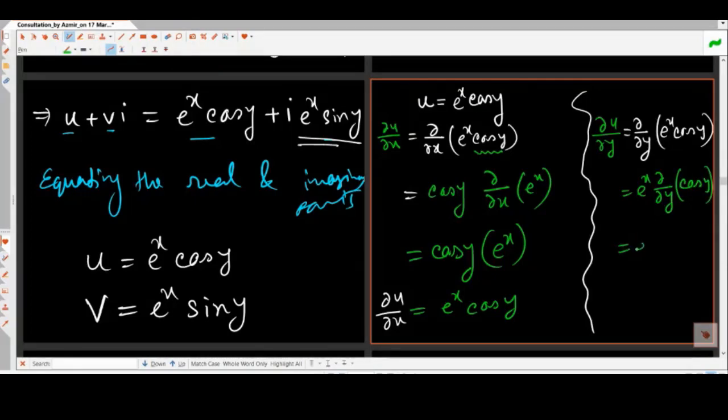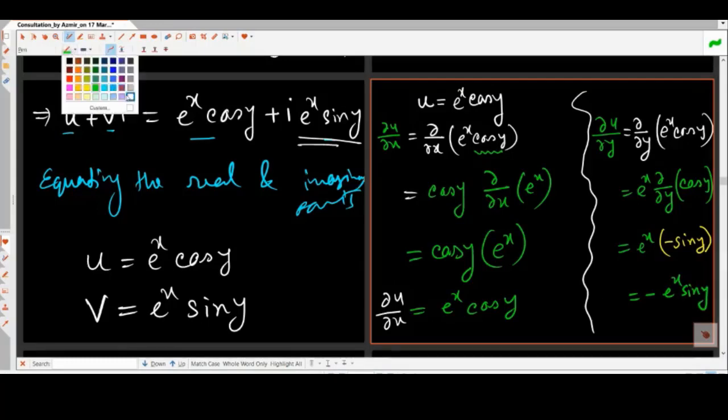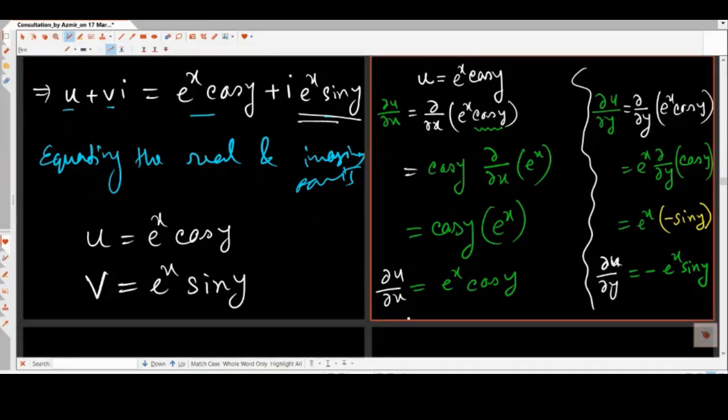Now we know that differentiation of cosine y in terms of y is negative sine y. You know this formula. So finally, we have negative e to the x sine y. This is du dy. So up to now, we have found du dx, du dy.